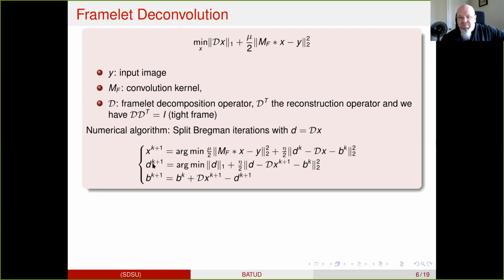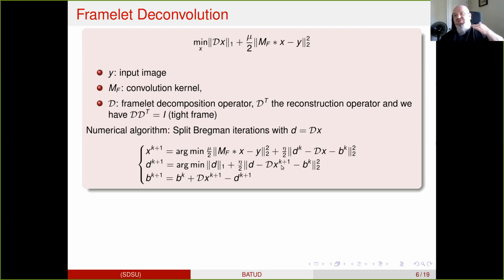Then we update the intermediate Bregman variable, so dk. This one, if you look carefully, the one norm of d corresponds to this part here. And there is an extra term just to make sure that that small d is equal to DX. So that's the purpose of that term. And now it's an L1, L2 problem, and the solution of such a problem is also very straightforward.